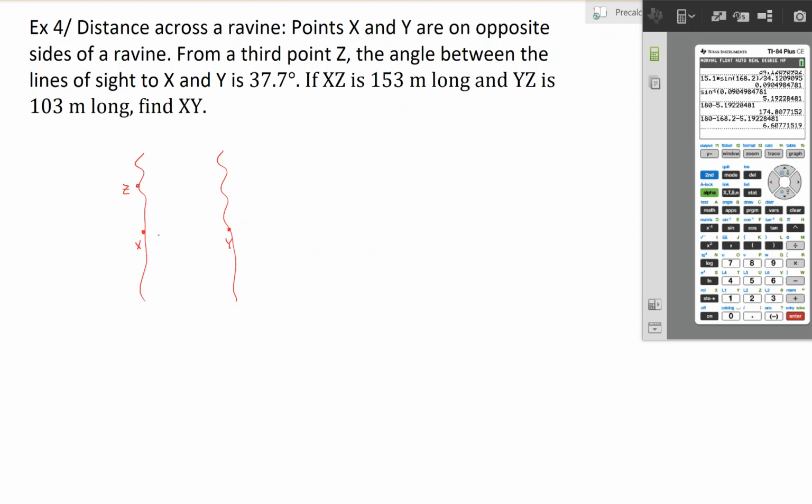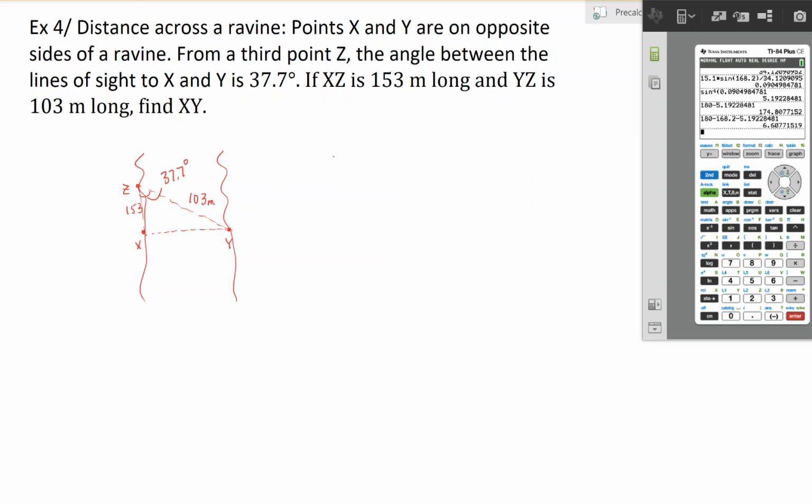From a third point Z, the angle between the line of sight to X and Y, so the difference between the line of sight right here is 37.7 degrees, and XZ is 153 meters long, and YZ is 103 meters long. Then we need to figure out what the distance is between X, Y.